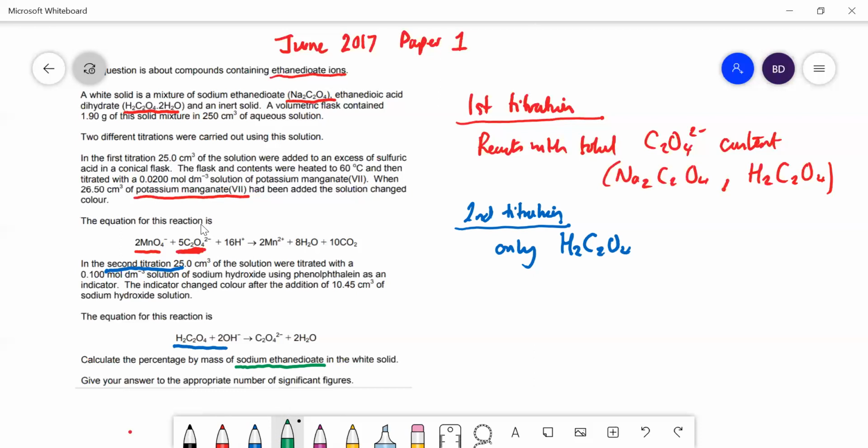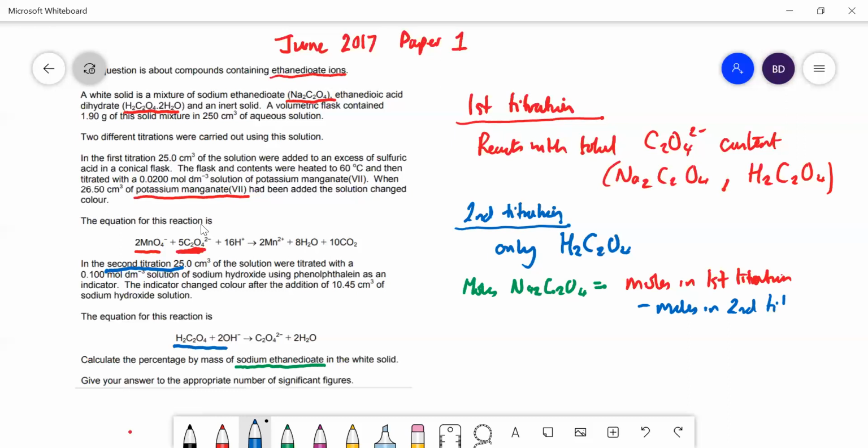The moles of sodium ethane dioate are going to be equal to the moles in the first titration minus the moles in the second titration, because the second titration only picks up the acid, it doesn't pick up the salt, whereas the first one picks up both of them.